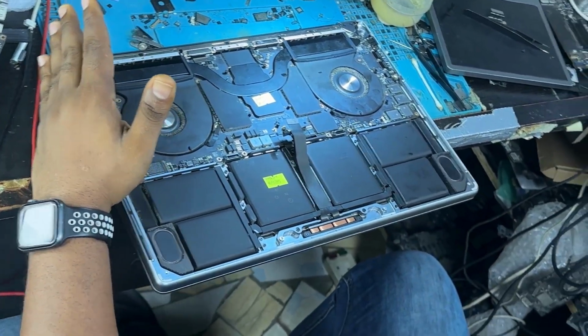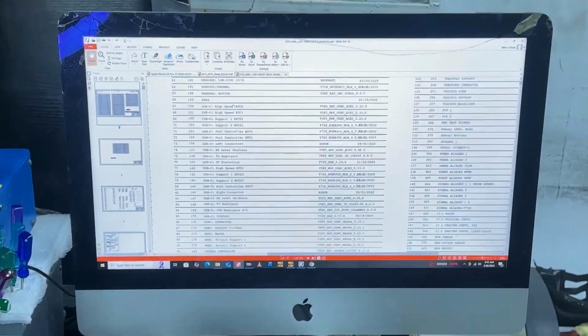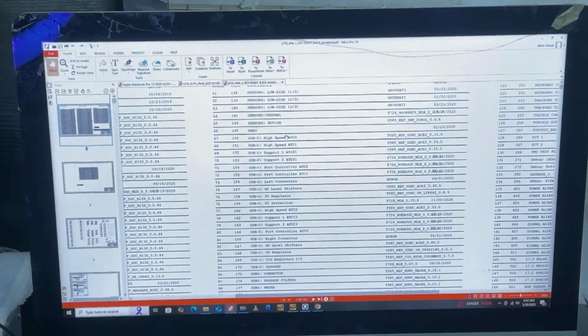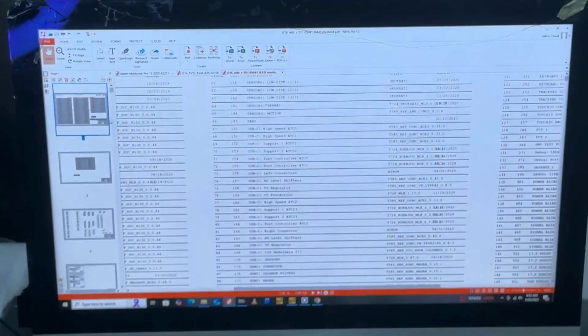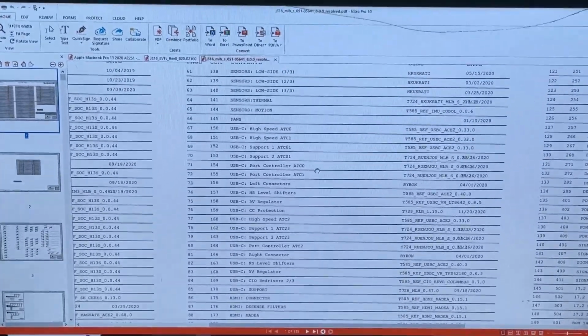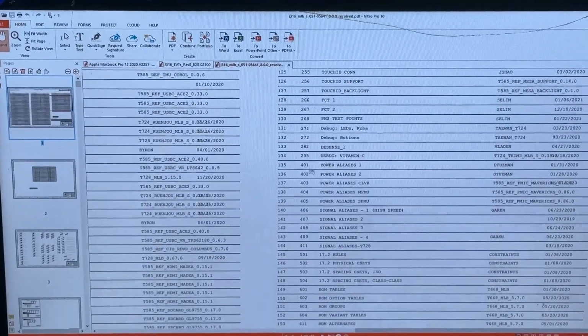The first step is to get your schematic diagram. From the schematic, you need to identify all the ports and functioning units on the motherboard. From the table of contents, since you have no power on this system, you first look for the power alliance.